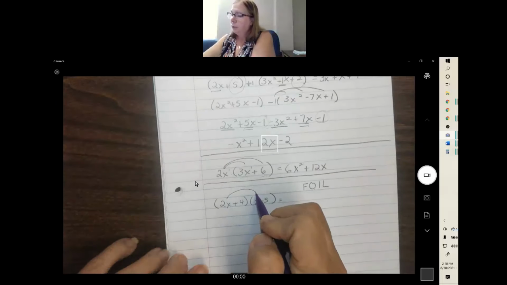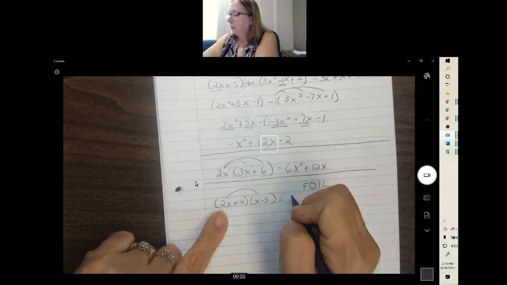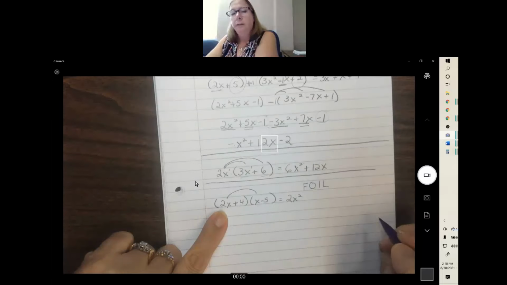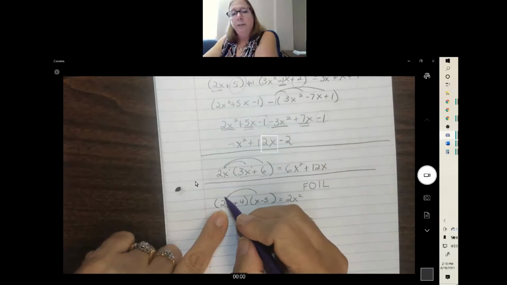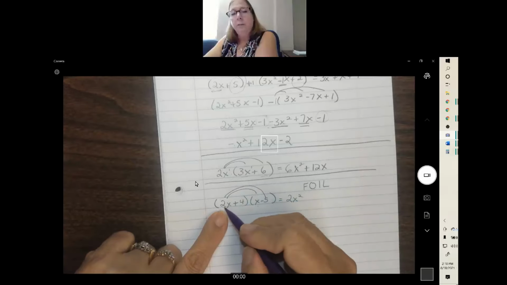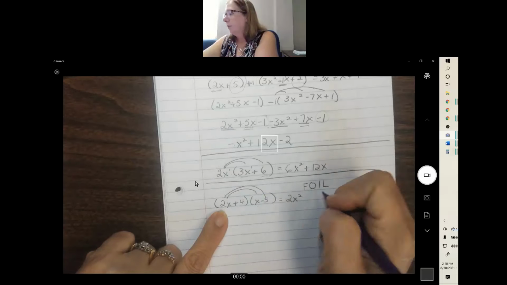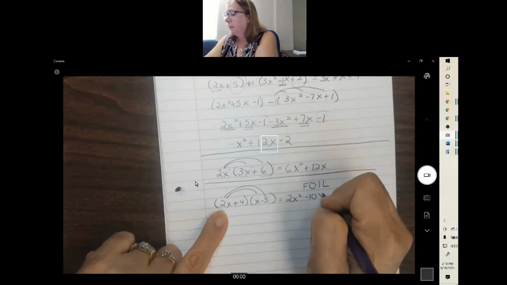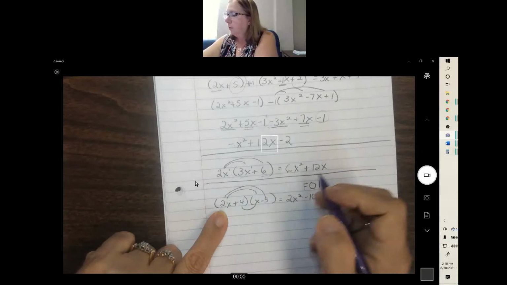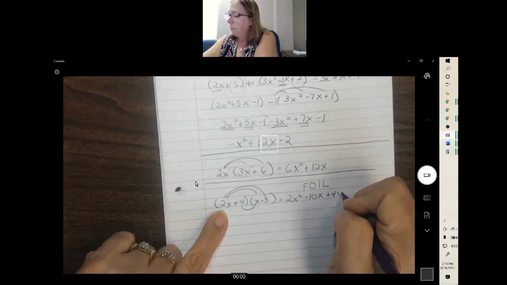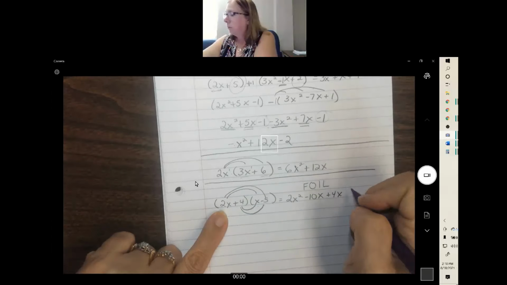So if we multiply the first two, 2x times x, 2x squared. The outside two, 2x times a -5, -10x. Inside two, and the last two.